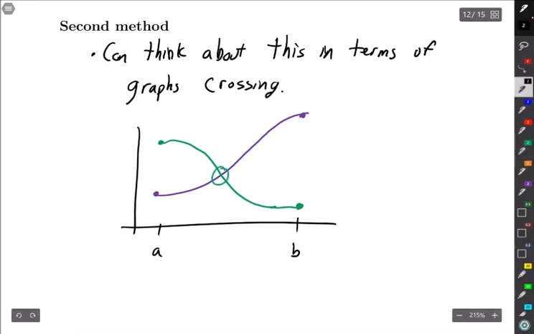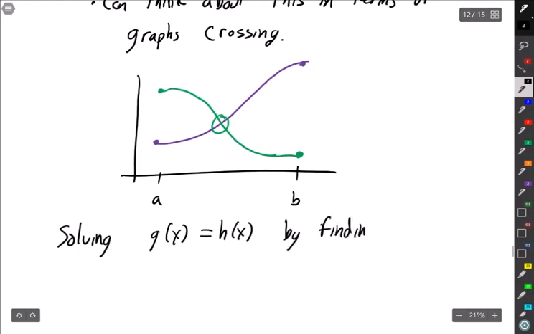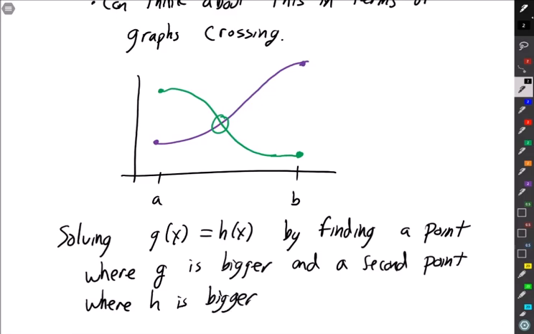So you could phrase these problems in terms of solving g of x equals h of x by finding a point where g is bigger and a second point where h is bigger. We could have done this with our last problem as well.